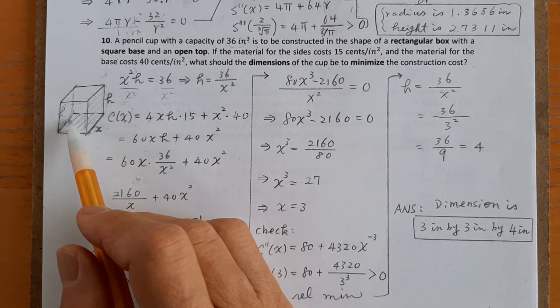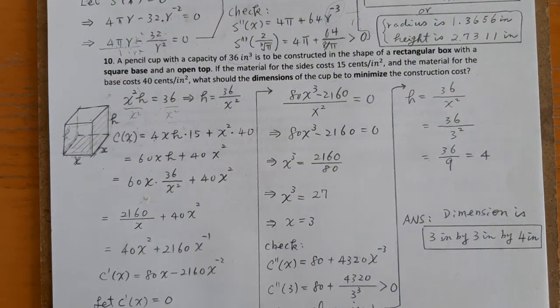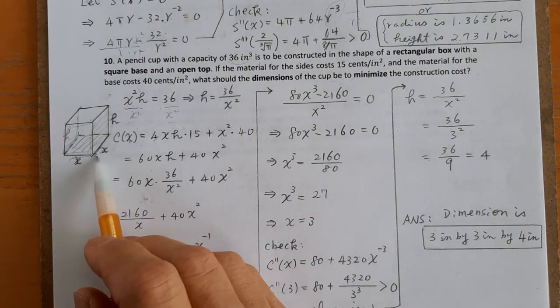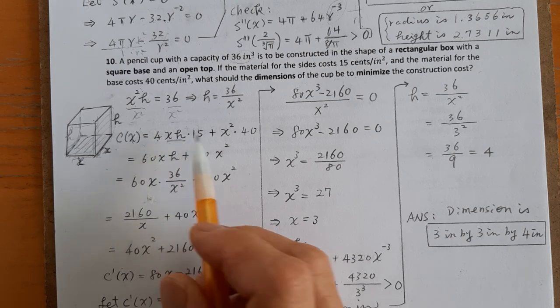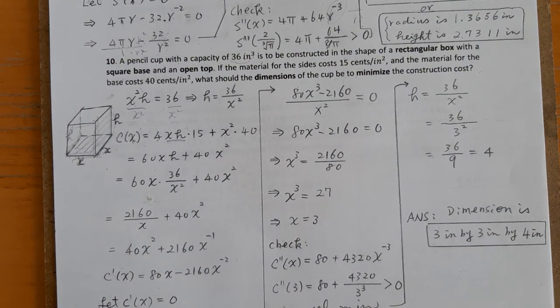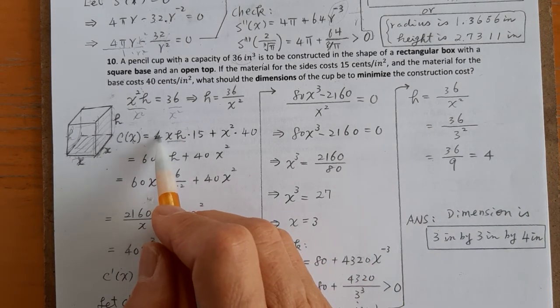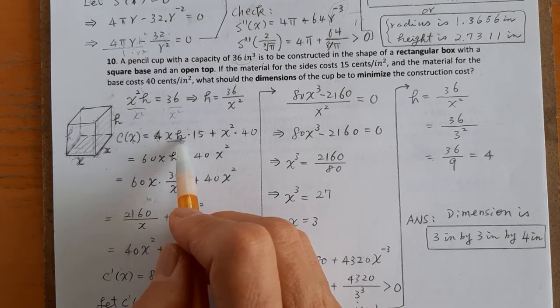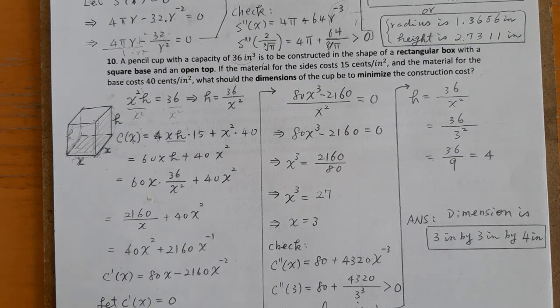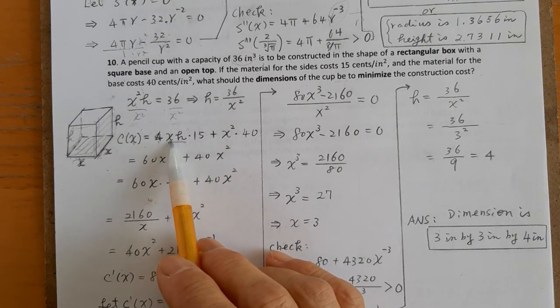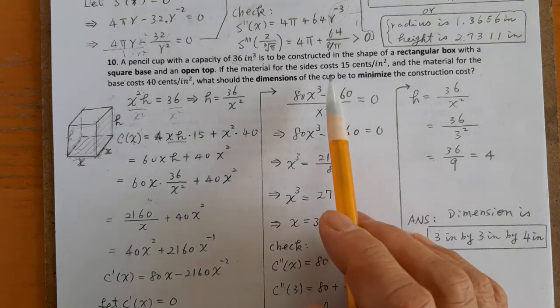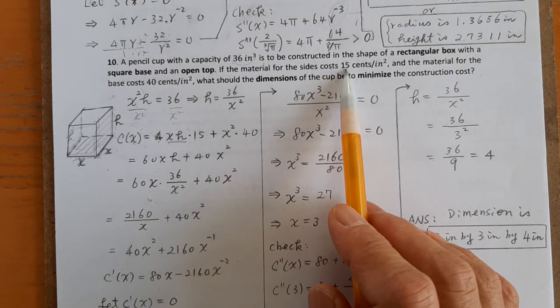There are four sides, and each side is x times h area, so four rectangles. So it's 4x times h square inches, the area for the total four sides. Add together it is 4xh.